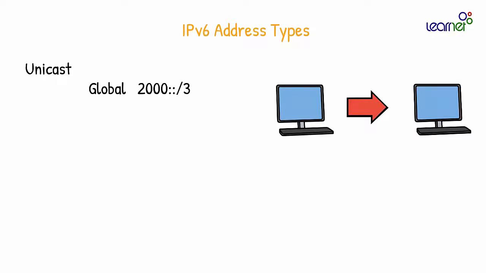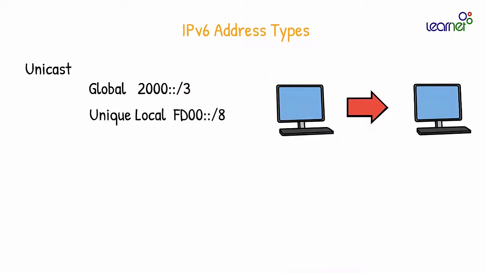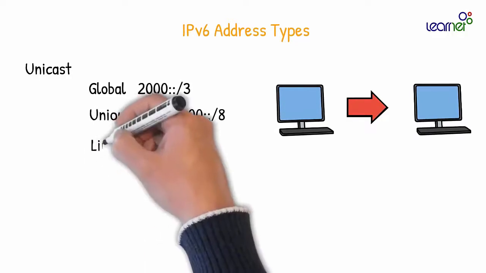The next type is called unique local addresses. Unique local addresses are just like private IP version 4 addresses that we use inside our LANs without any conflict with the internet, and the range is FD00::/8. And finally, link local addresses.